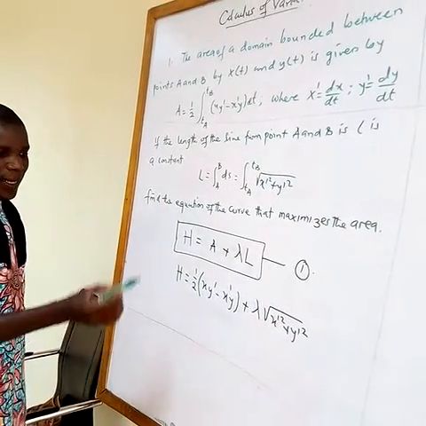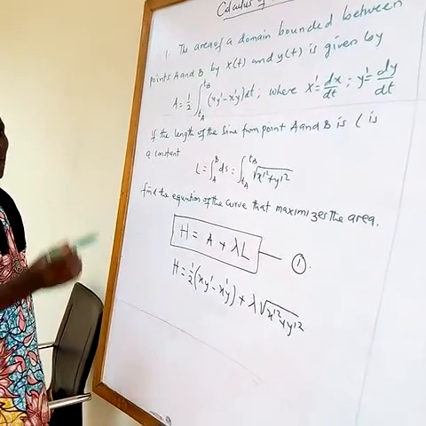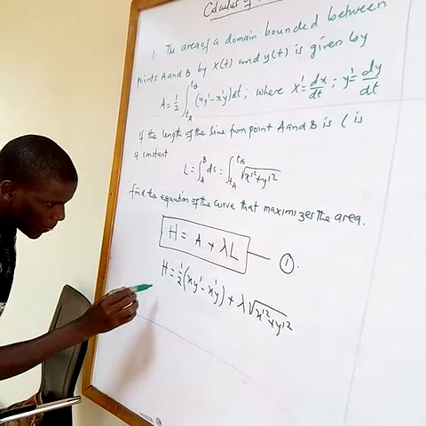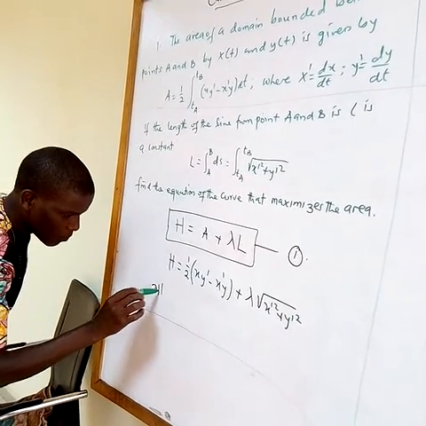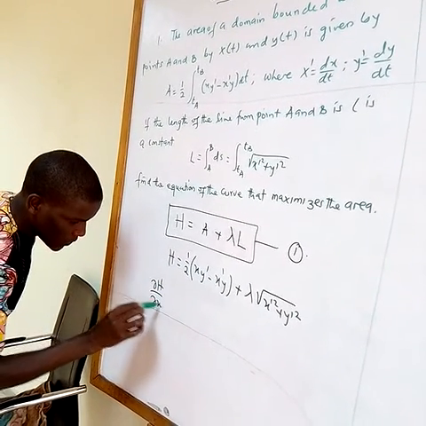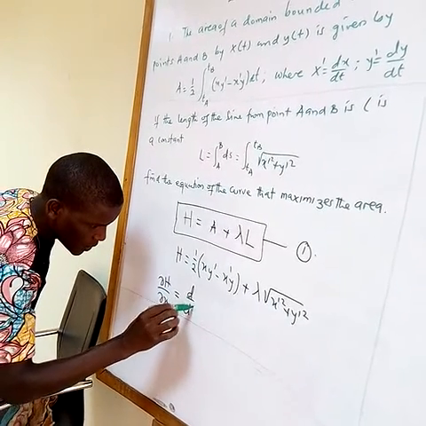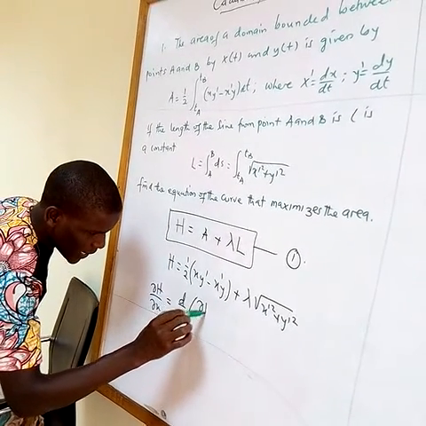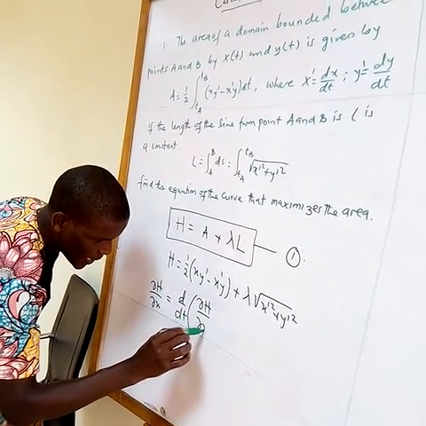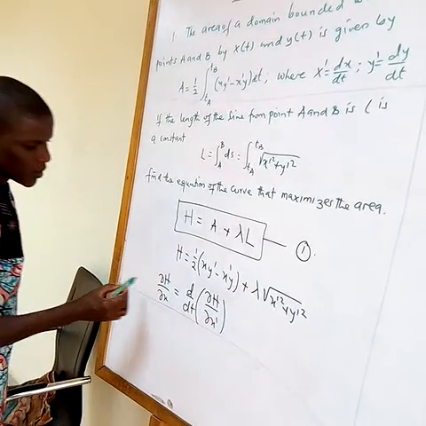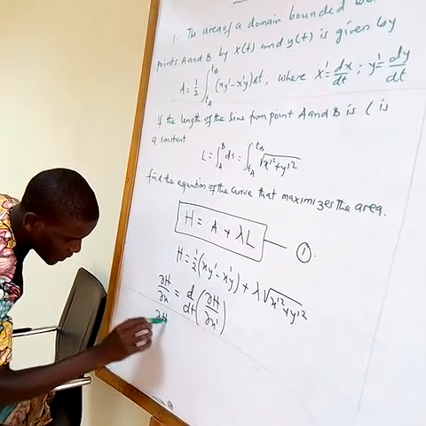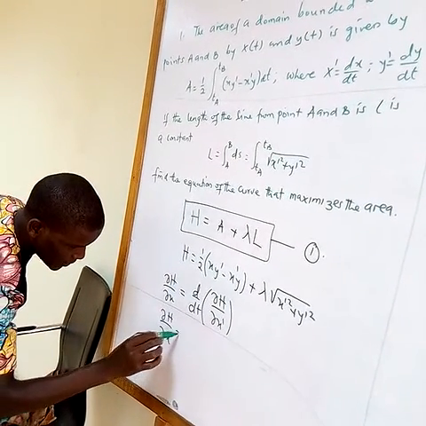So we now apply the Lagrangian equation by saying our partial of h, partial of x is equal to d dt into partial h, partial x prime. So what is partial h, partial x?